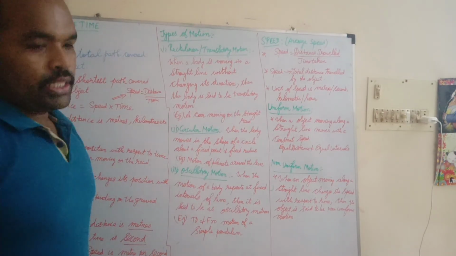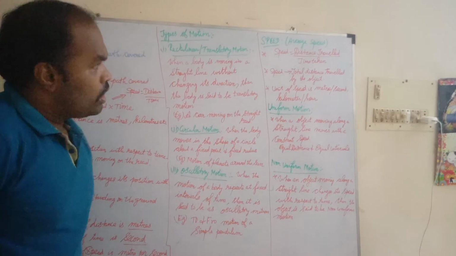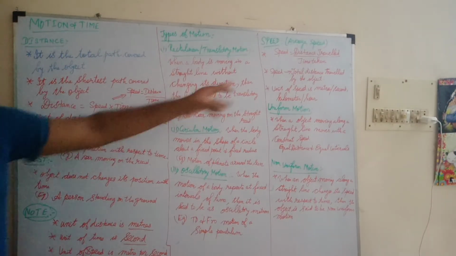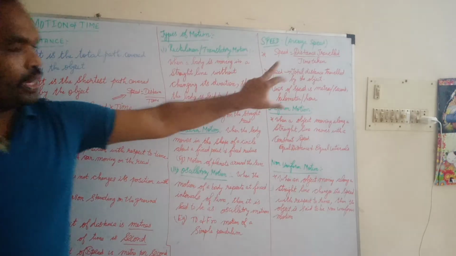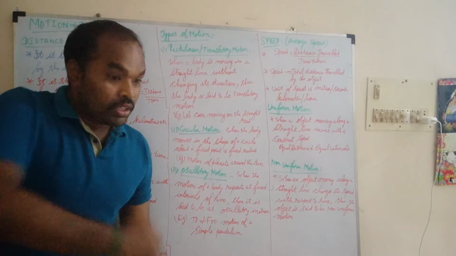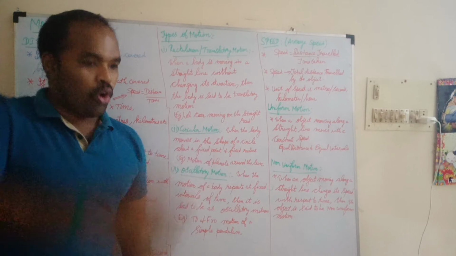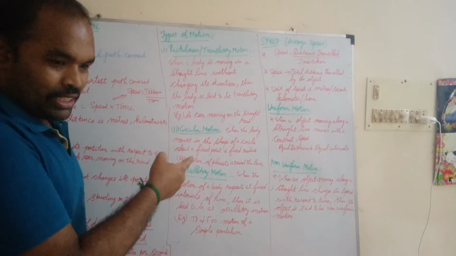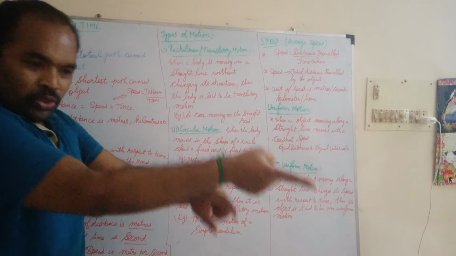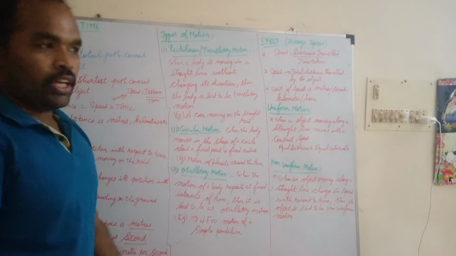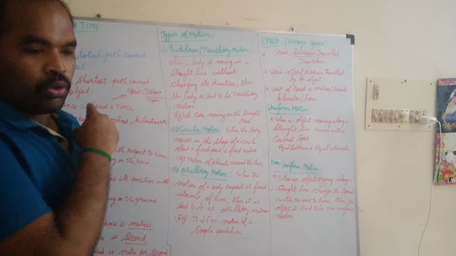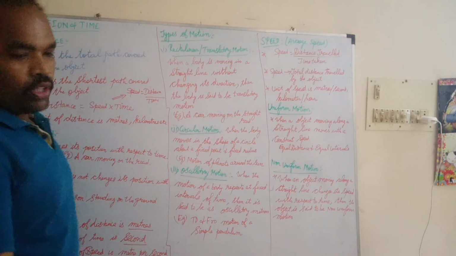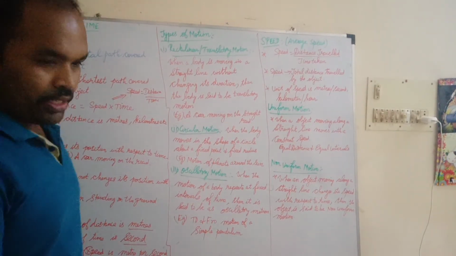The next one is speed. What is meant by speed? Speed is, as we have seen, the total distance covered by the object. From your house to school, how much is the distance? Who is taking you to school? Father. So father is taking you by bike.